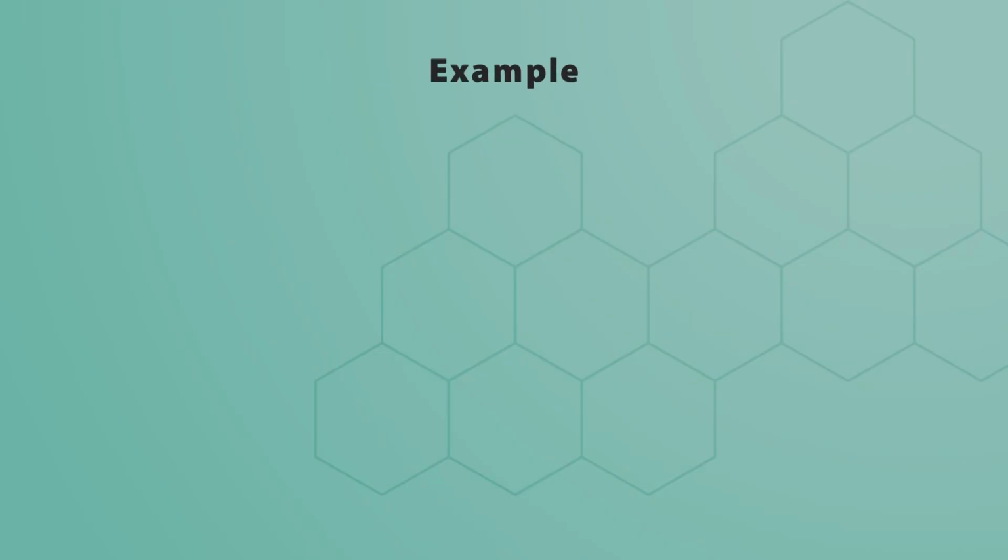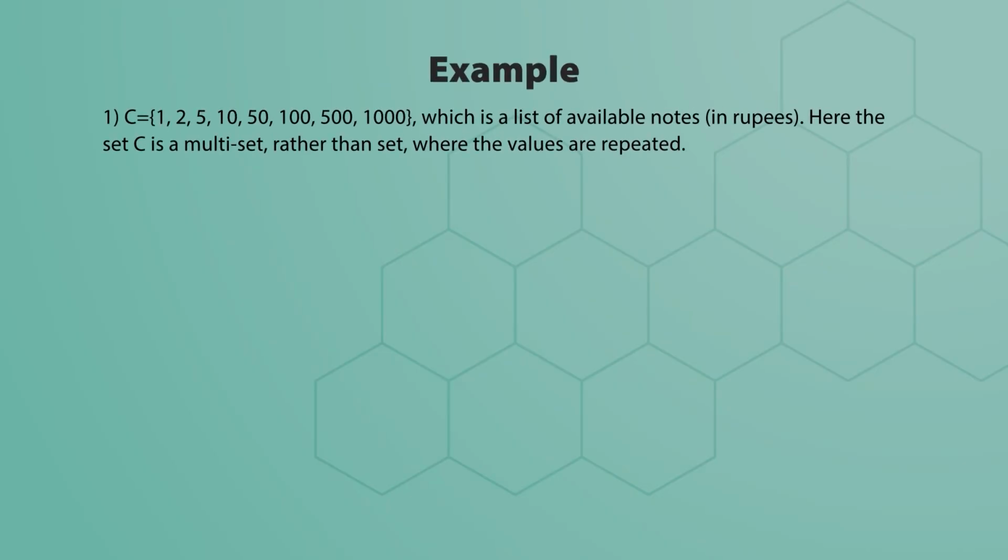Now, if you take a look at the example here, you will be given a multi-set. The example given here is a set, but the solution will be given in a multi-set. What is the difference between a set and a multi-set?